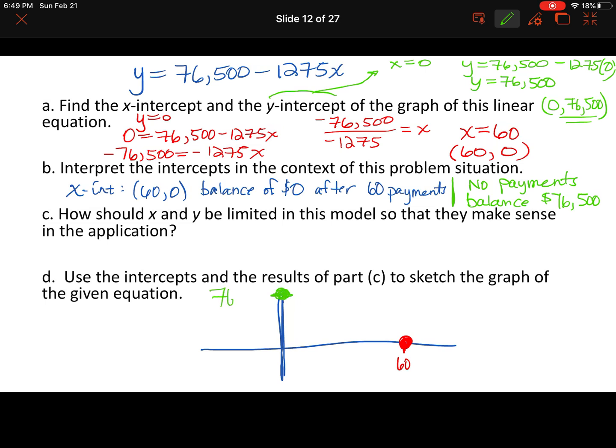That's a Y value of 76,500. And when we graph the function, connecting those two dots, that's supposed to be a straight line. Forgive me. All right, you can see that your balance should be decreasing the more payments you make. All right, let's keep rolling.